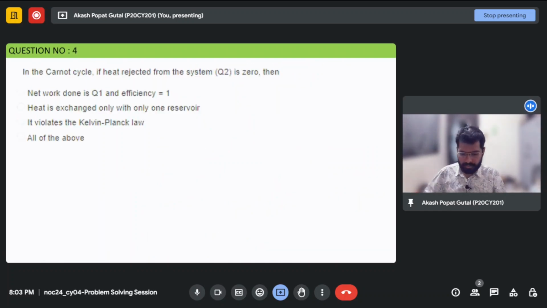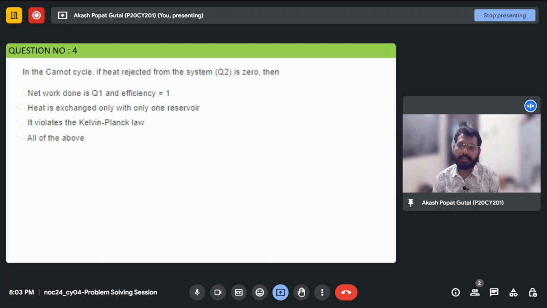So the fourth question is: in the Carnot cycle, if heat rejected from the system Q2 is 0, then the net work done is Q1 and efficiency is equal to 1; the heat is exchanged with only one reservoir; it violates the Kelvin-Planck law; and all of the above.